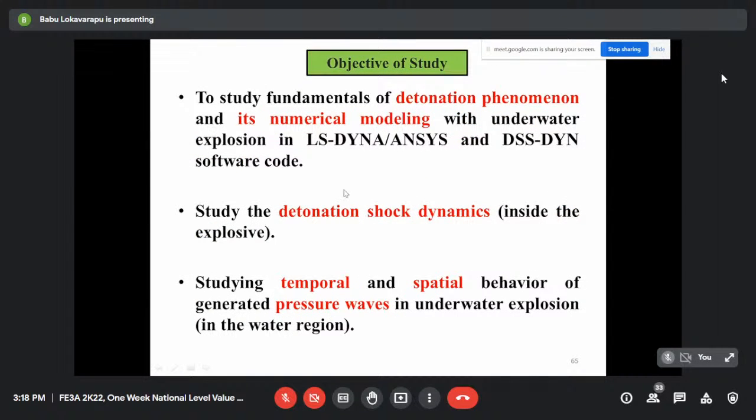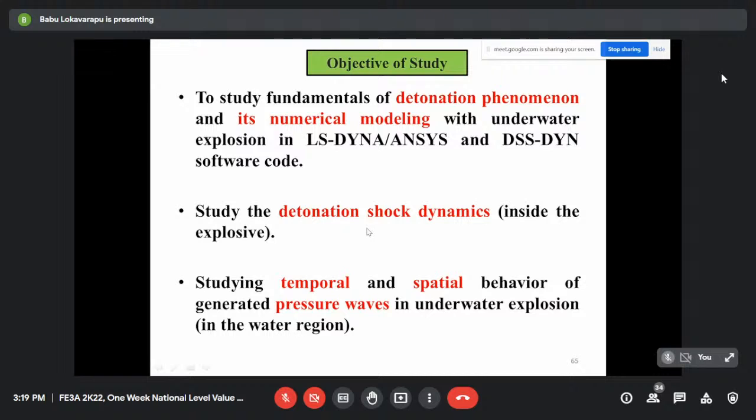So here, we have solved this problem in two ways. One is using LS-DYNA and ANSYS, and DSS-DYNA software code. The DSS-DYNA software is an in-house developed code, and we solved the problem using DSS-DYNA, and we have validated with the published results.